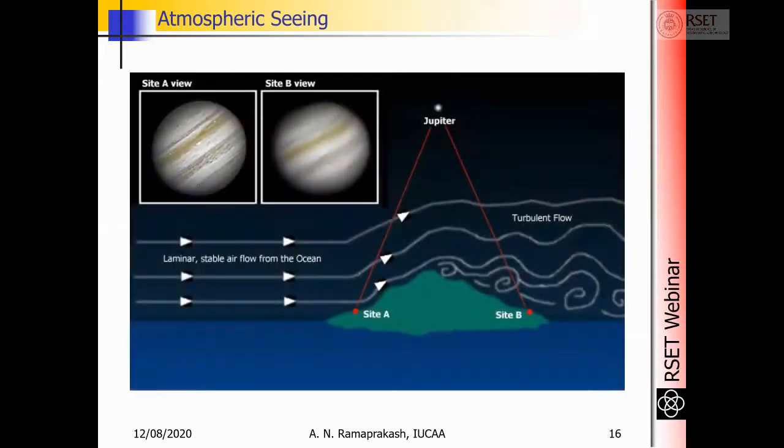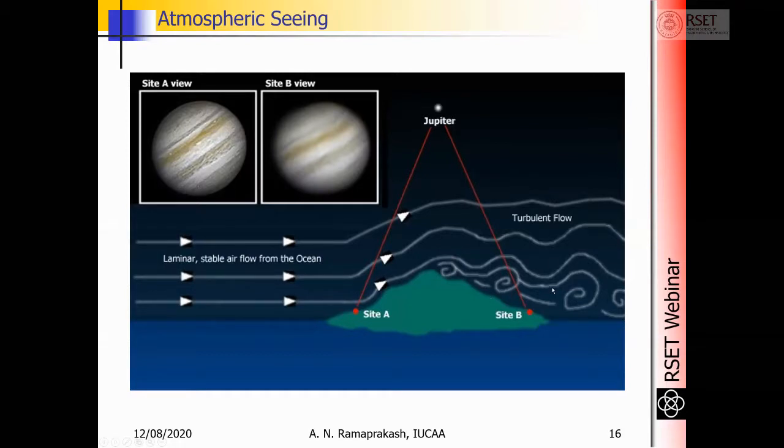Now I will illustrate what the problem is when you look at the sky through a turbulent medium like this. In this case, we have a mountain here, and wind is flowing from this direction above a calm sea. So it's a very stable laminar airflow, undisturbed. But as the wind hits the mountain, the flow pattern gets disturbed and the wind flow becomes very turbulent.